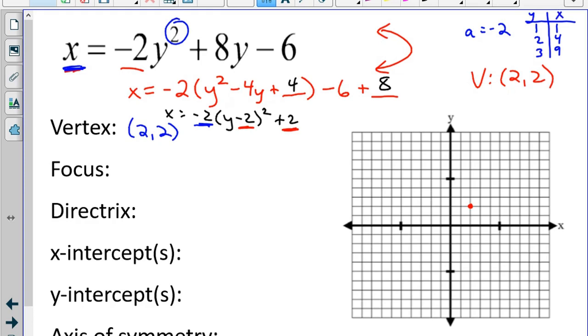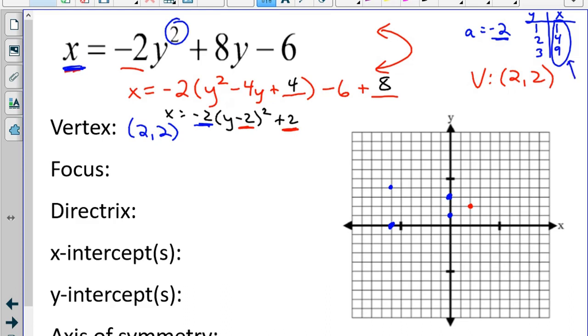So I'm going to take all of my x's and multiply them by -2. So I go up 1 to the left 2. Since it's symmetric, it will go down 1 to the left 2 also. If I go down or up 2, I will go to the left 8. That is because I have this -2, which means it's going to the left, and I'm multiplying all these values by -2.